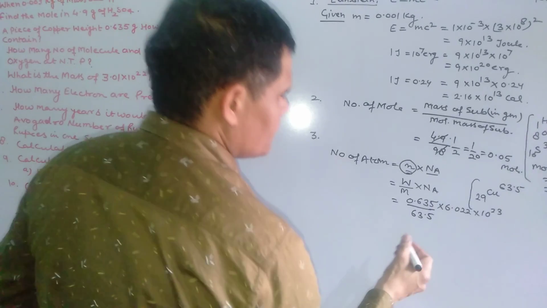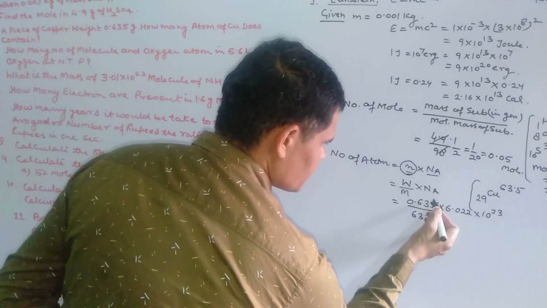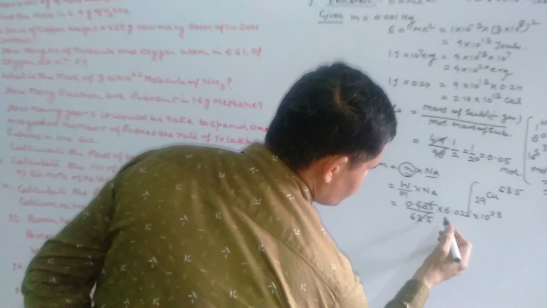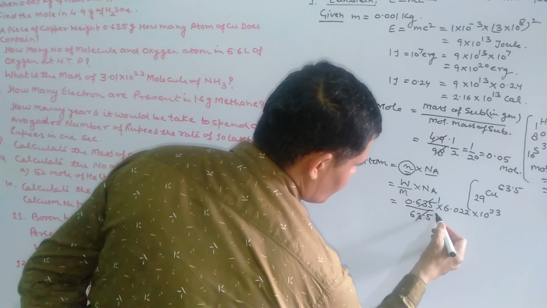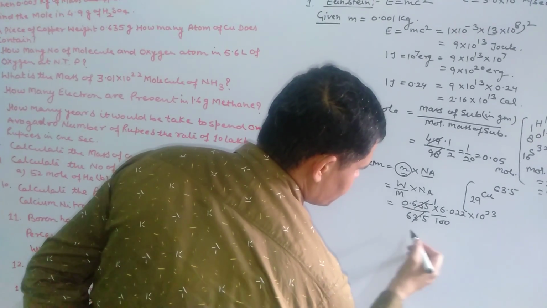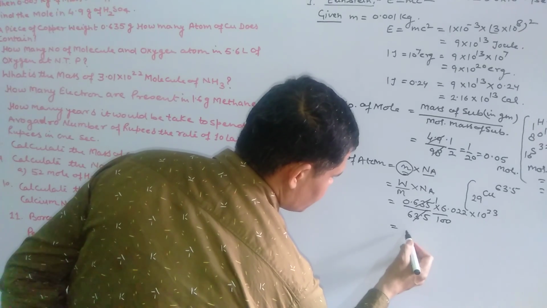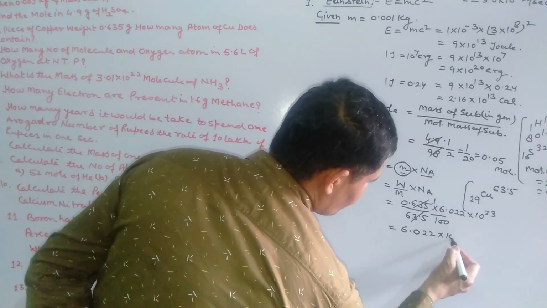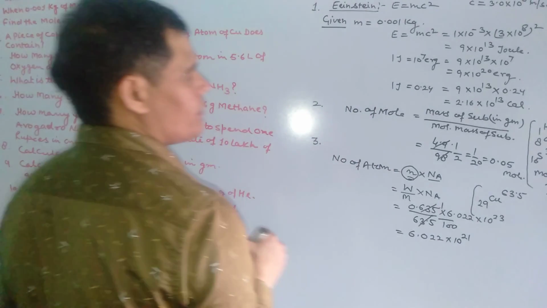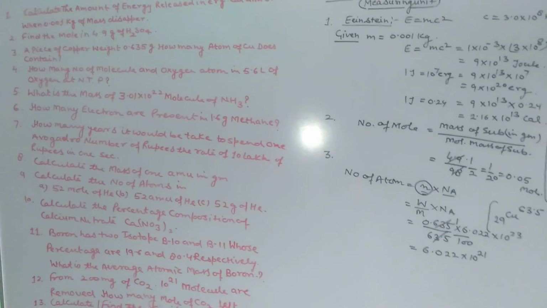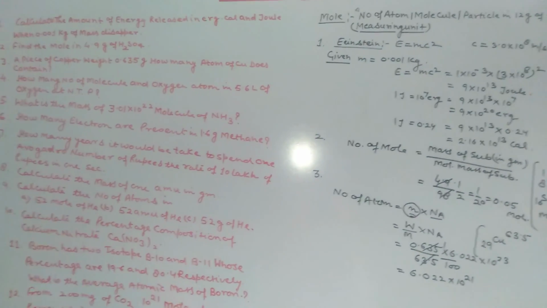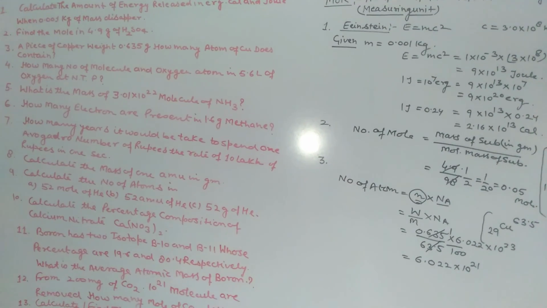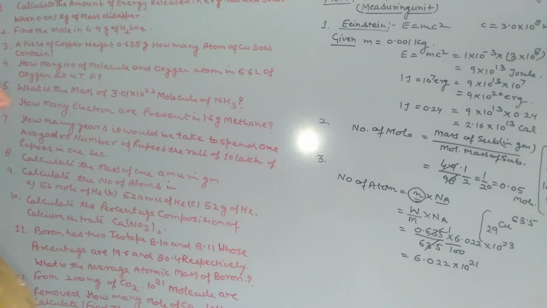Hence, the calculation is 1/100. Hence, the value is 6.022 into 10 to the power 21. This is the number of atoms present in copper weighing 0.635 gram.